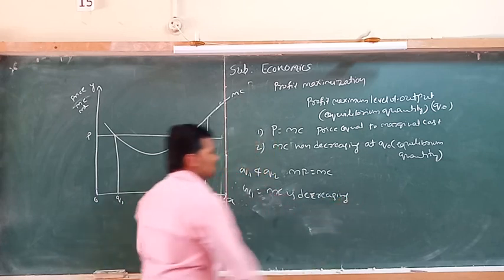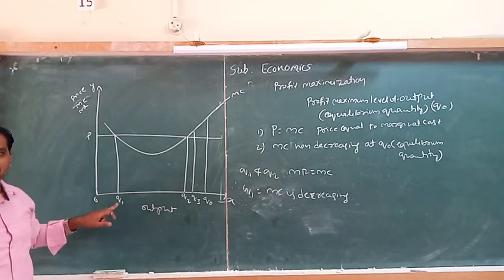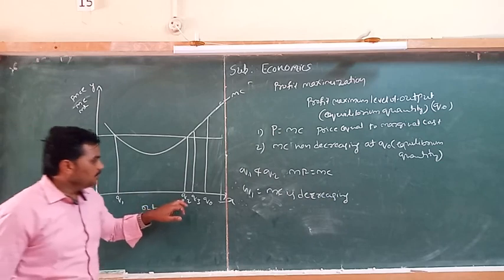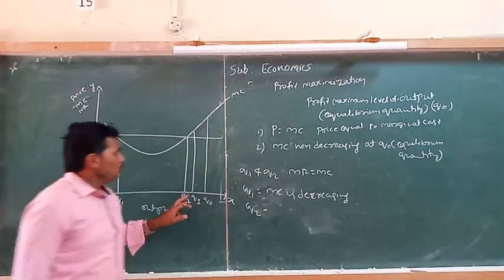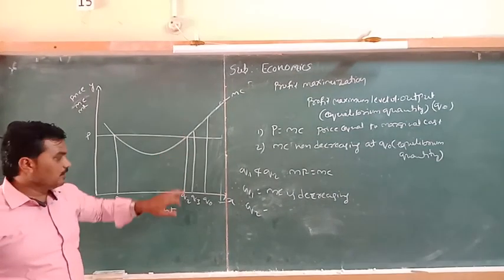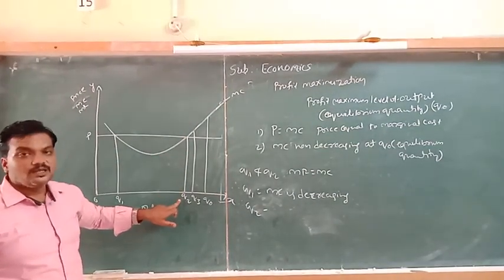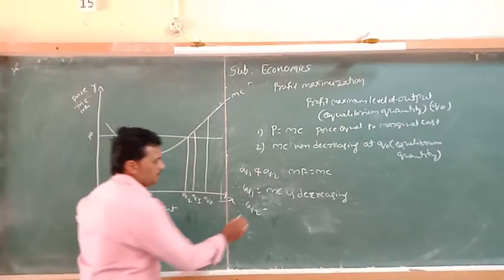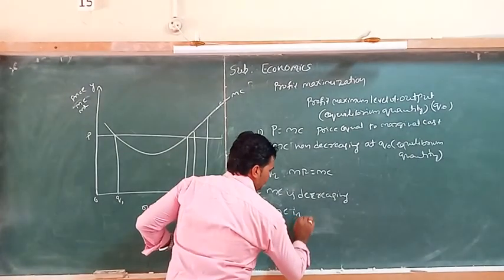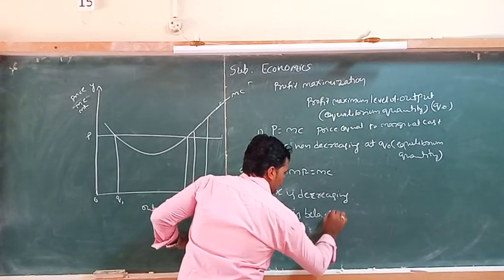Then Q2. Here also MC is equal to MR, but the MC curve is increasing but below the price line.